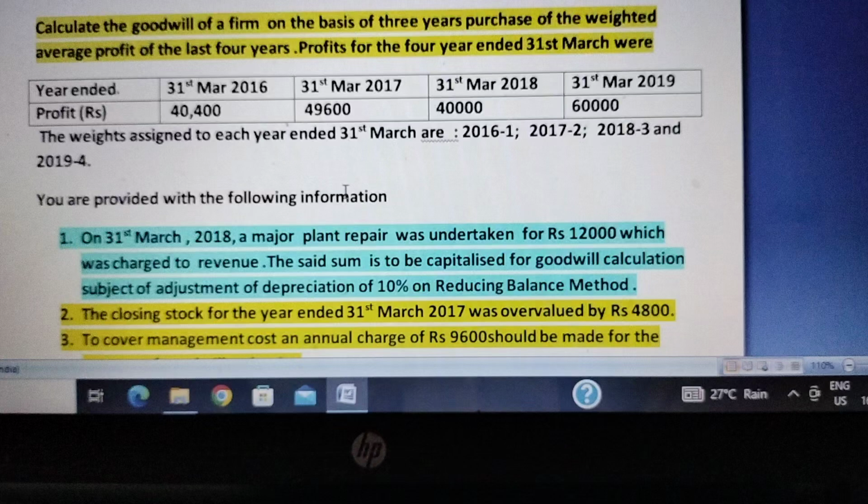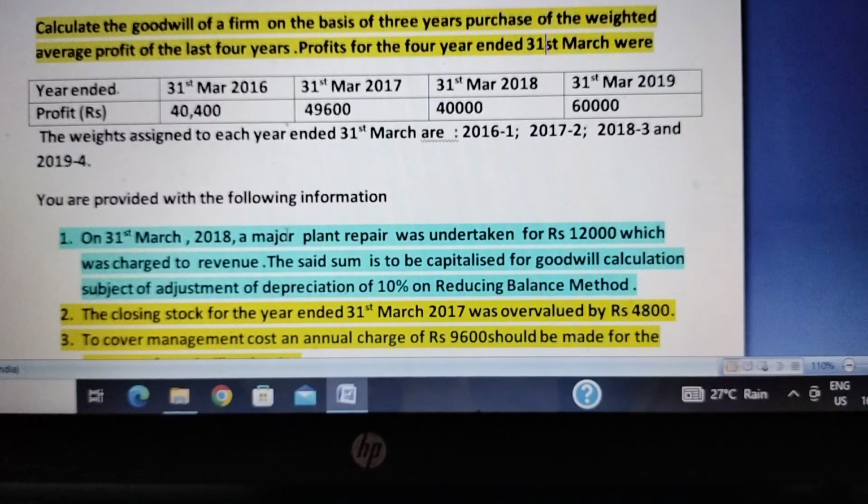You are provided with the following information. These are the adjustments. On 31st March 2018, a major plant repair was undertaken for rupees 12,000, which is charged to revenue. See, this is a blunder. Whenever the question says major plant, it is a capital expenditure, so it should be charged to the asset account.